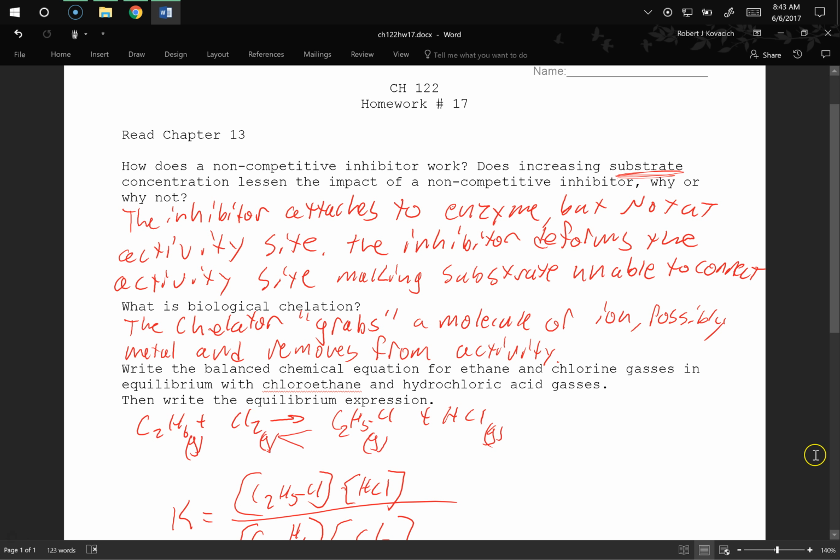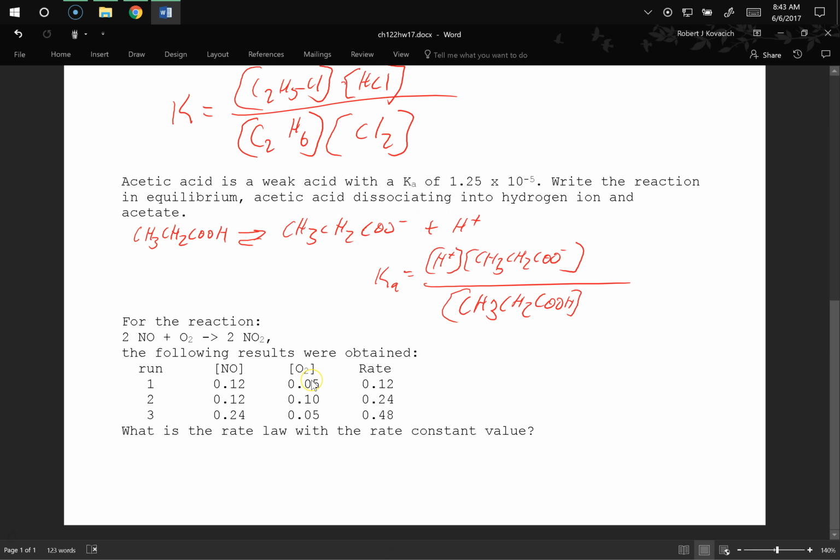So I know from the problem that the Ka value is 1.25 times 10 to the negative fifth. And I know that this is going to be 0.25 molar acetic acid, so 0.25 goes down here.